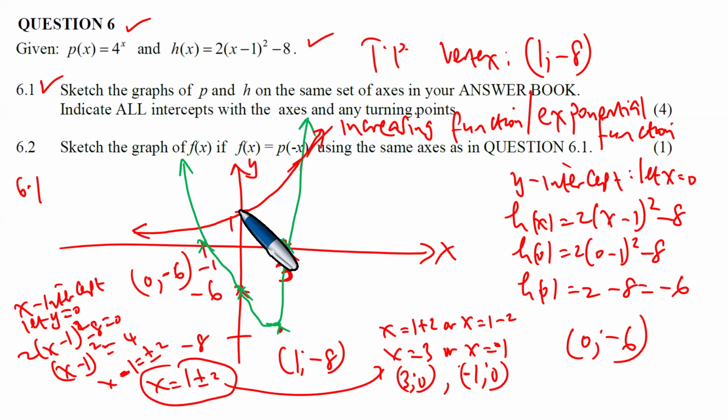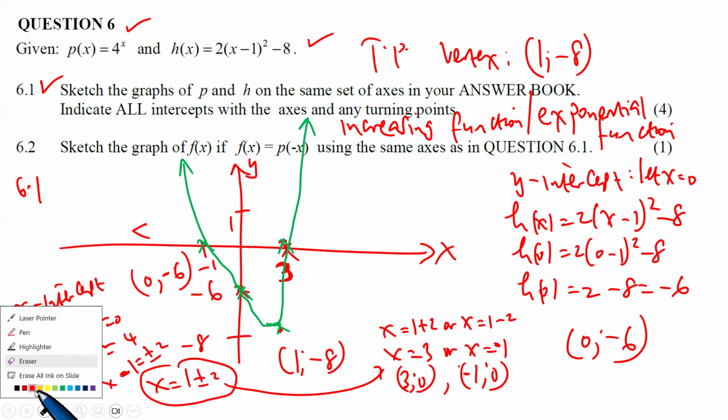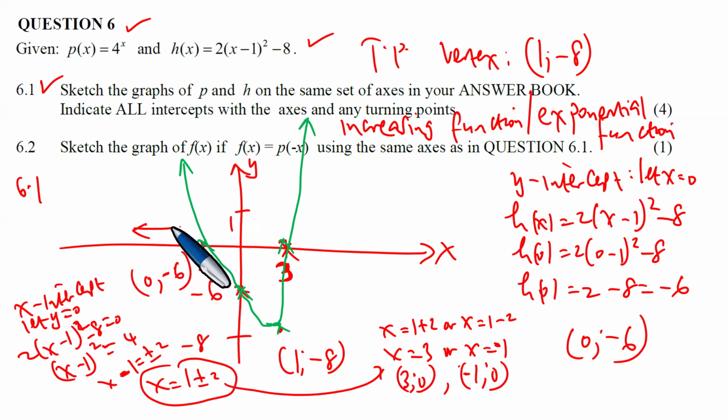And now you don't need to extend this very much. You can sketch it like so, because the exponential rises so fast that if ever they're going to catch up, it will take a bit of time there. Okay. Right. And this is the 6.1 part.